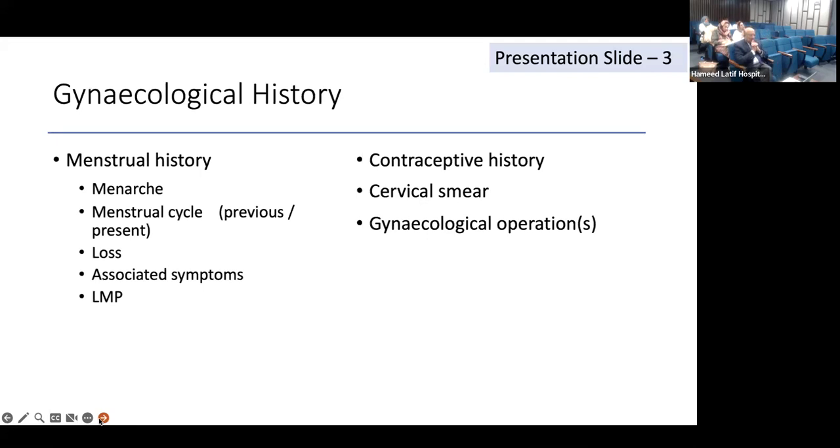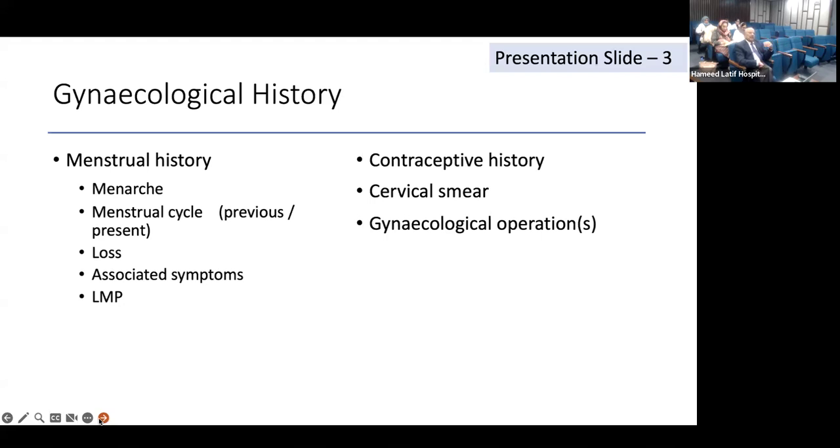Gynecological history has two components. One relates to menstrual history, and then there are the other three components given on the other side. So you do mention menarche and menstrual cycle. If her menstrual cycle is now different from what she used to experience previously, then you will say previously her menstrual cycle was this, but since such and such time it's like that.